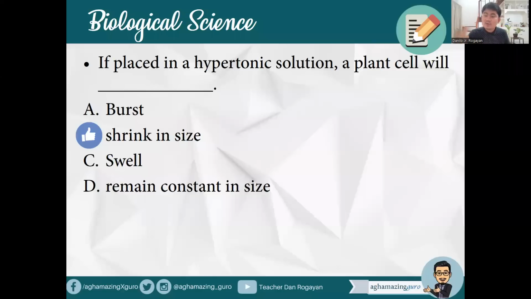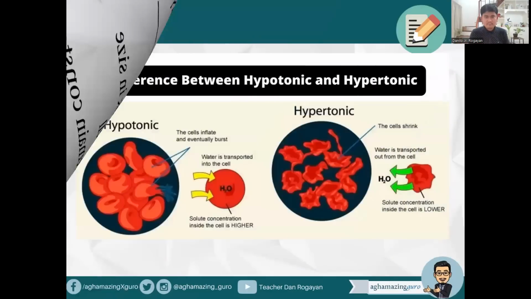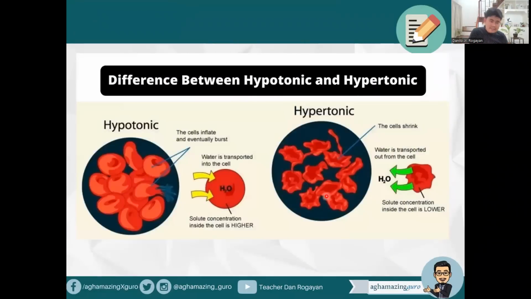Kaya nga meron tayong isosceles triangle, triangle with equal sides. Okay? Next. Ayan, no? Difference between hypotonic and hypertonic. So pag nakita nyo, the cells inflate, invention burst. So bursting, swelling, ayan. So hypotonic. Okay? The water is transported into the cell, solid concentration inside the cell is higher.